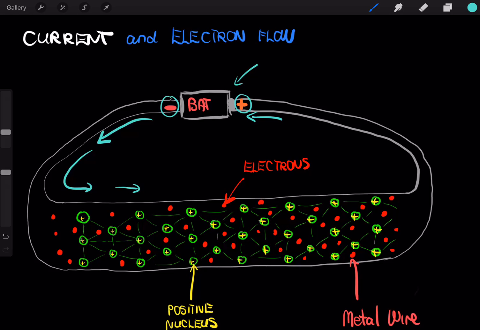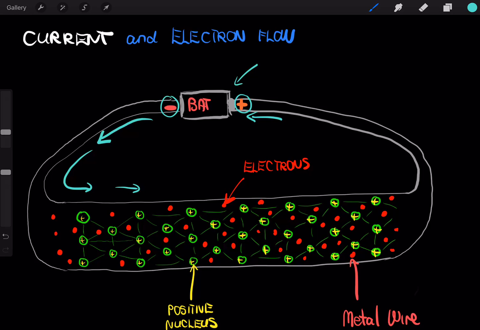But we need to be aware of the fact that when textbooks talk about current, in basically all cases, they're referring to the idea of an imaginary positive charge moving around the circuit.